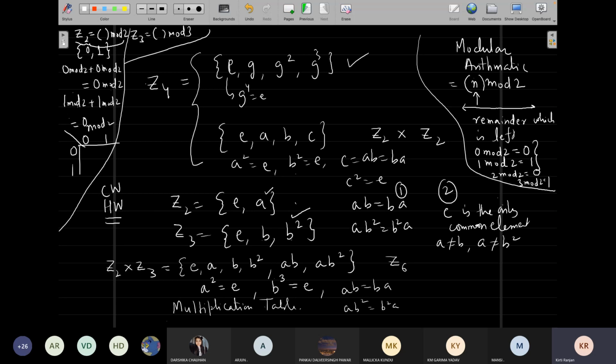By the way, the one place where you use modular arithmetic very regularly is your clock on the wall. Instead of 12, you would use the number 0.